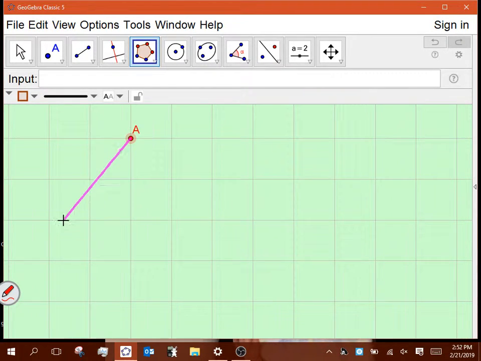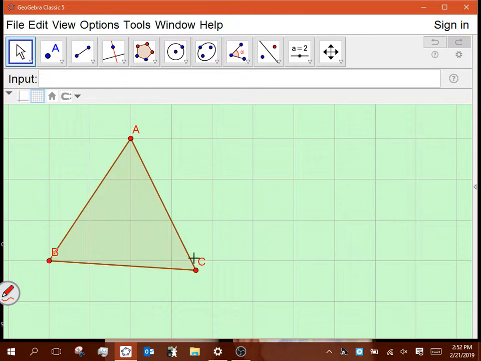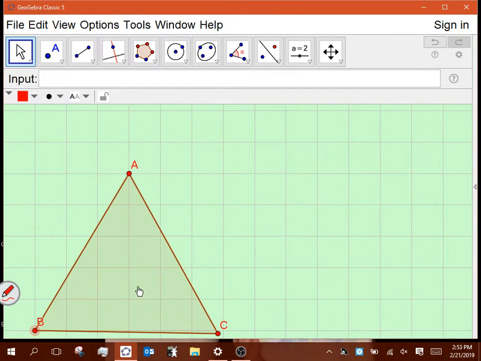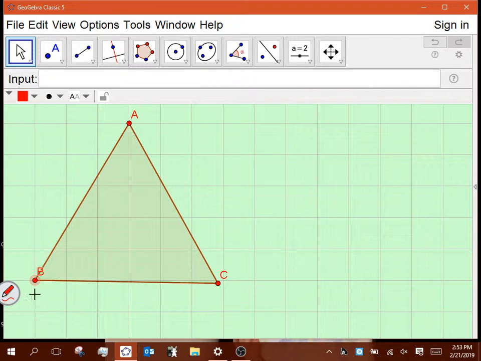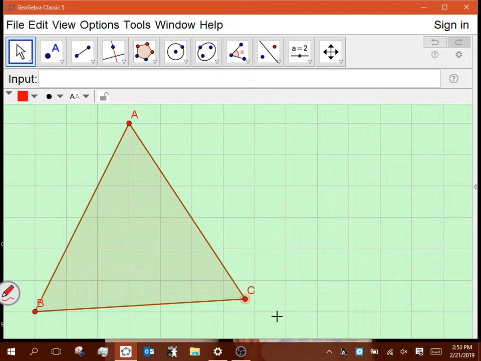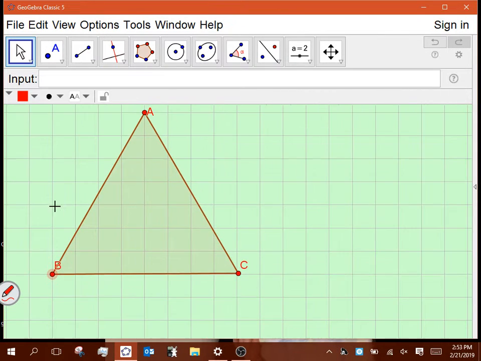Okay, so I want to draw an equilateral triangle here. Try to get it set up. There we go.